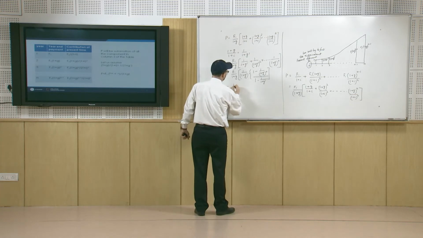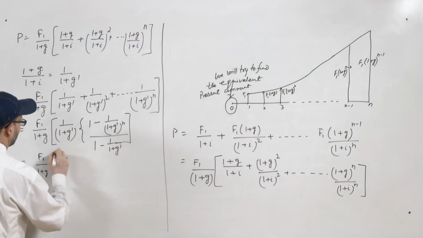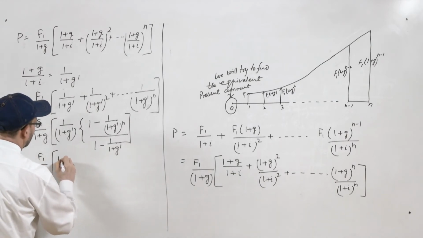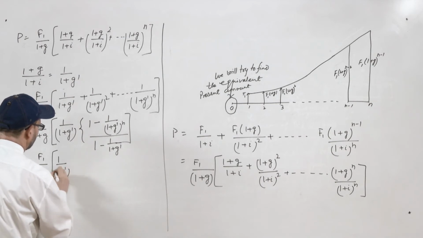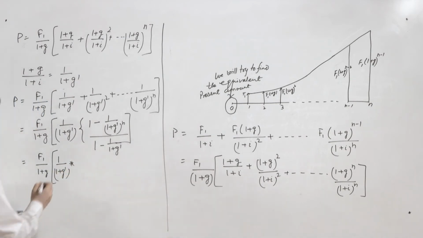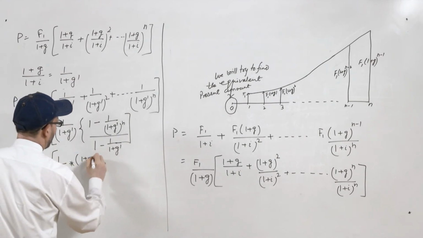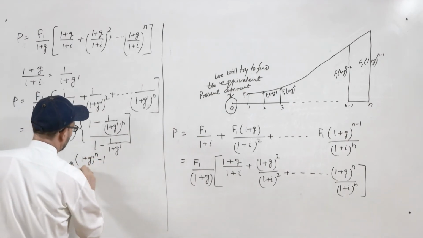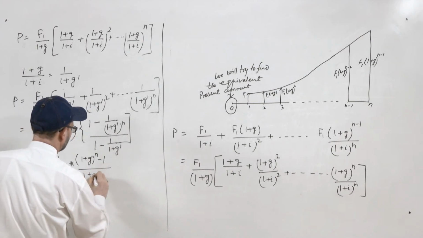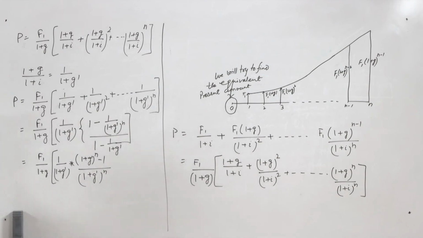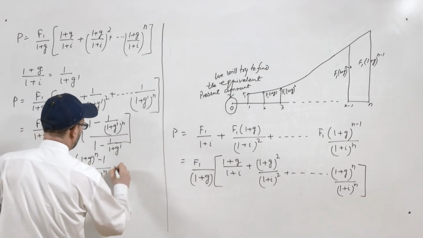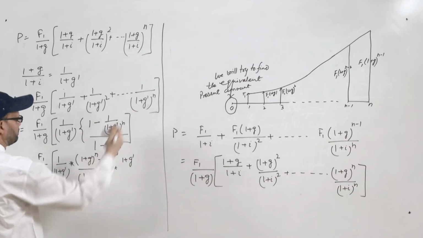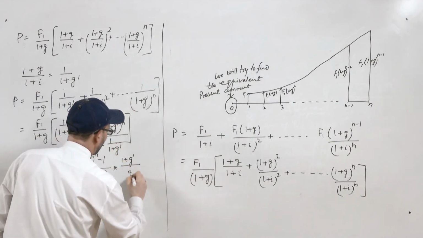This can be written as f1 by (1 plus g) times 1 by (1 plus g prime) times [(1 plus g prime)^n minus 1] by (1 plus g prime)^n, multiplied by (1 plus g prime), which goes up, divided by g prime.